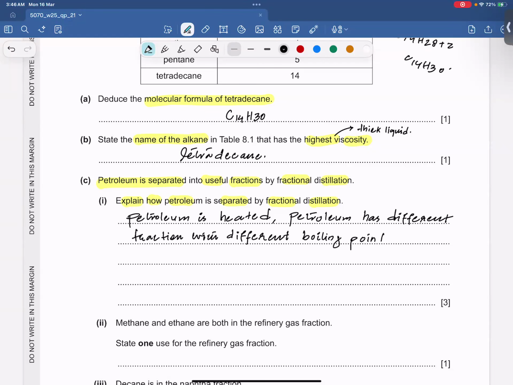So by using fractional distillation, these fractions can be separated on the basis of their boiling points.